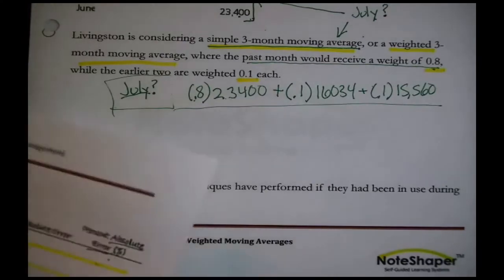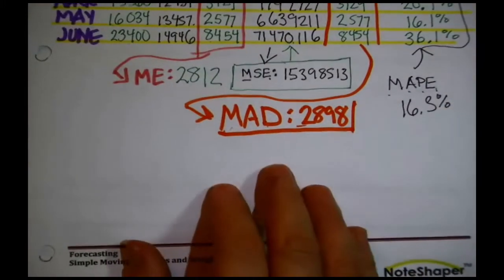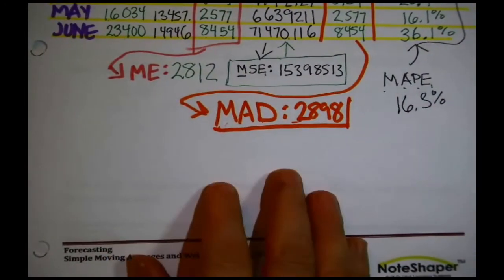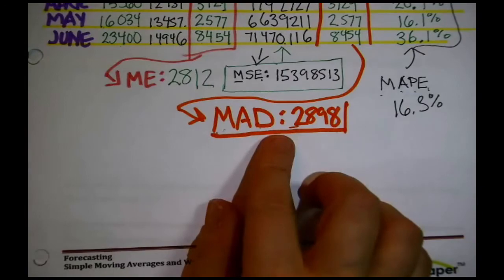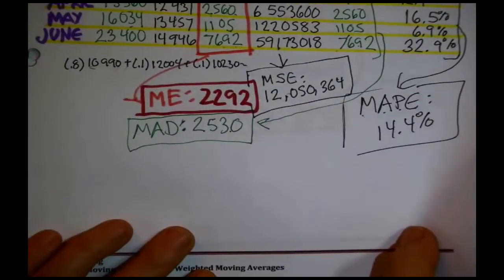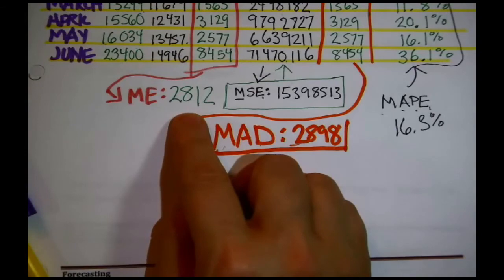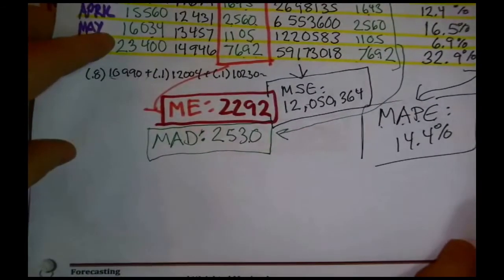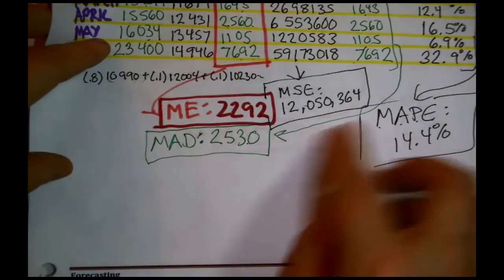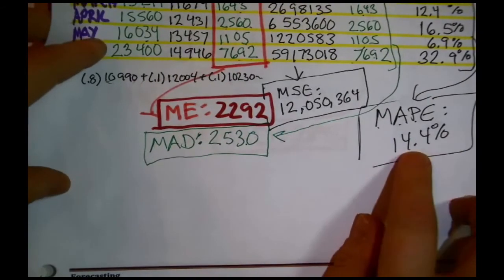And it is interesting to contrast the two techniques. This was the simple. This was the weighted. I'm seeing some similar numbers when I scan from one to the other. You know what? I would say in commentary, other than just reporting these numbers, I'm looking at these percent errors.